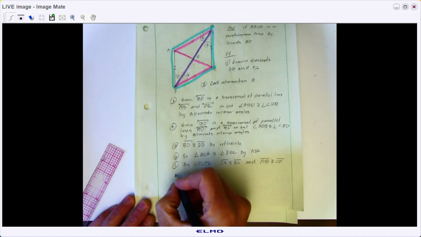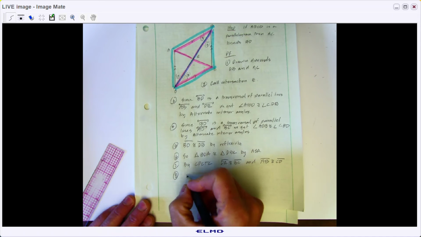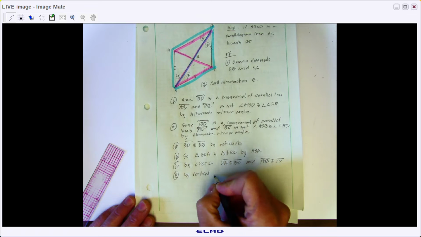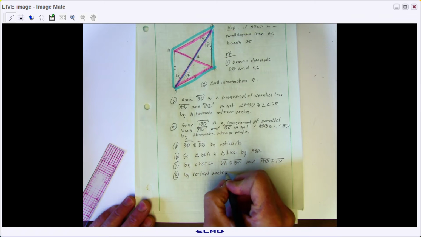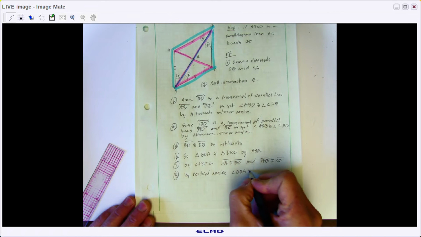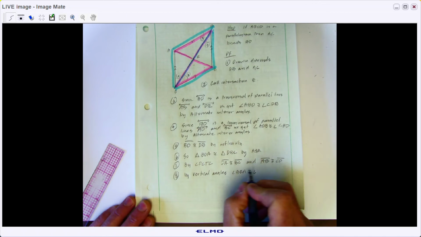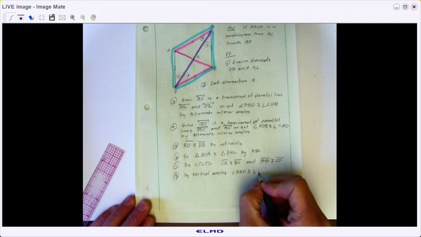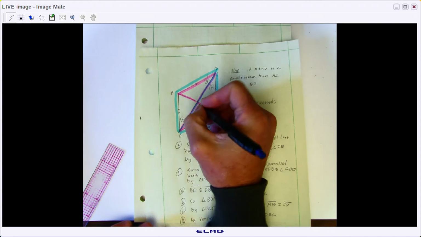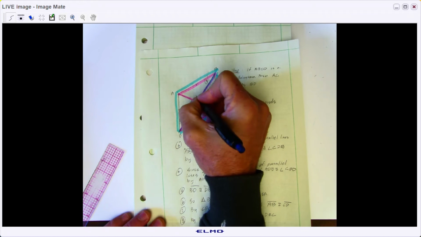So I'll go here, 8, by vertical angles. I'll call it BEA is congruent to angle DEC. So I guess that's 8 right there.